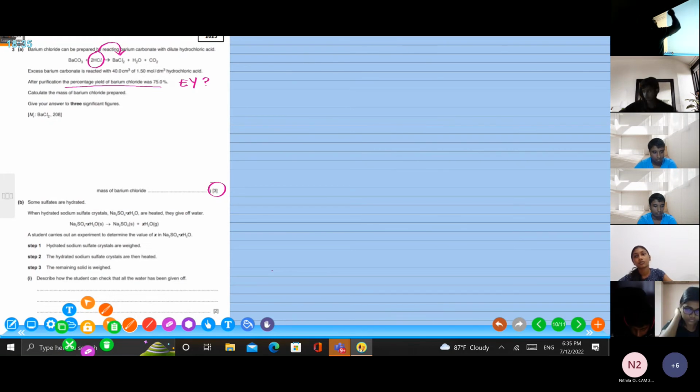So when you are given percentage yield, you need to know the experimental yield divided by the theoretical yield times 100. So this is given, and they are asking for the experimental yield. What is missing in that equation in order to find the experimental yield?